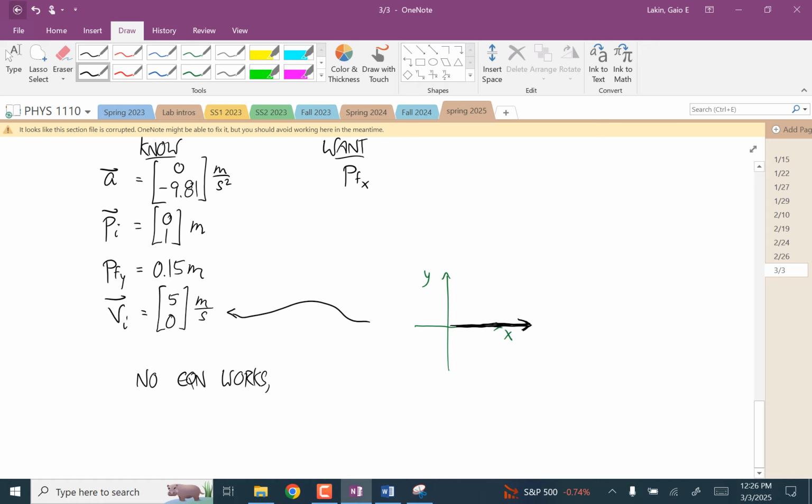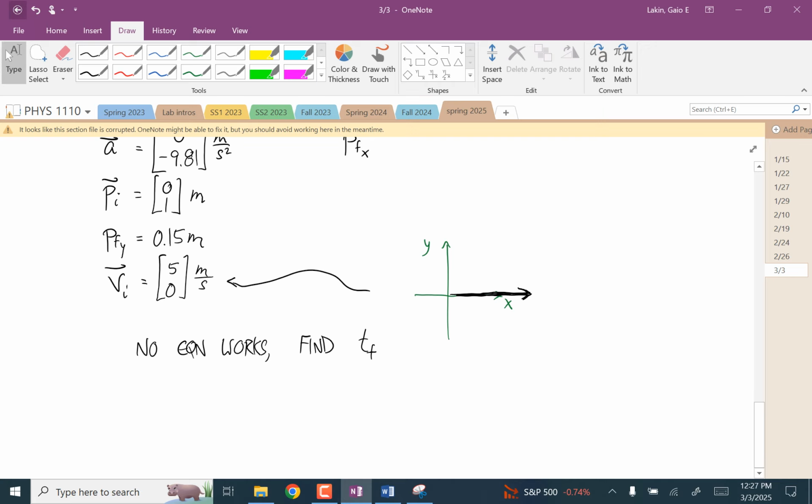And so we're going to start instead by finding TF. And the nice thing about TF, the reason it's so useful, is because it's the only variable that crosses over between the x equations and the y equations.